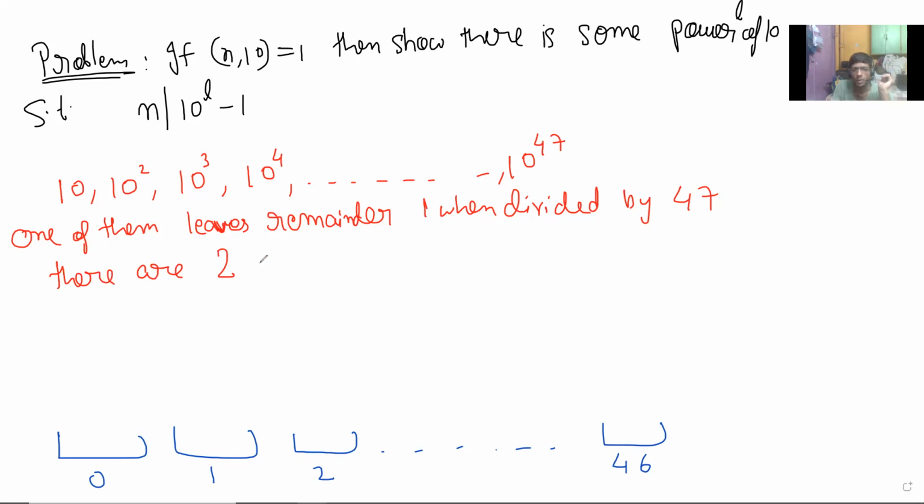So there are two numbers, 10 to the power a and 10 to the power b, which leave the same remainder when divided by 47.